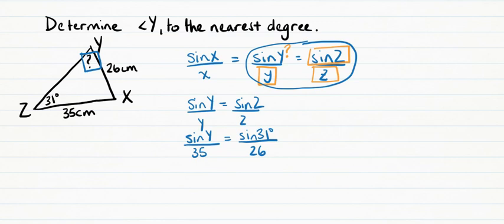So here we want to get sine y by itself. So in order to do that, we need to get rid of the 35, and we do that by multiplying both sides of the equation by 35. So here the 35s divide out, and we're left with just sine y. So we have sine y equals sine of 31 degrees multiplied by 35, and all of that is divided by 26.